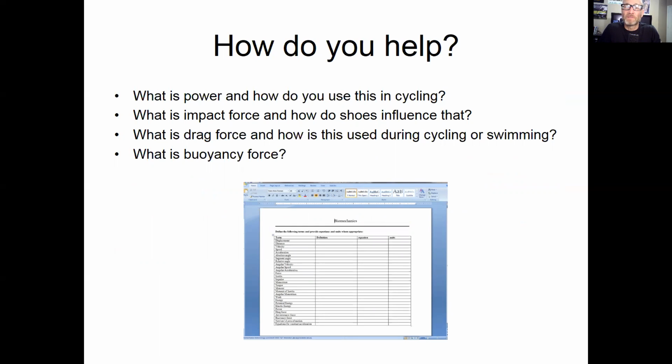So how do you do that? How do you help? Well, you've got to know your terminology. We've got to know what power is and how we use this in cycling. We've got to know what the equation of power is, and what the units of power are. We need to know what impact force is and how shoes influence impact force. We've got to understand drag force and how this is used to improve our cycling performance or swim performance as well, and even something like buoyancy force.